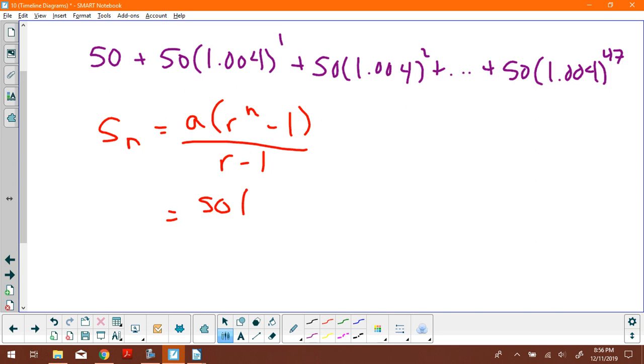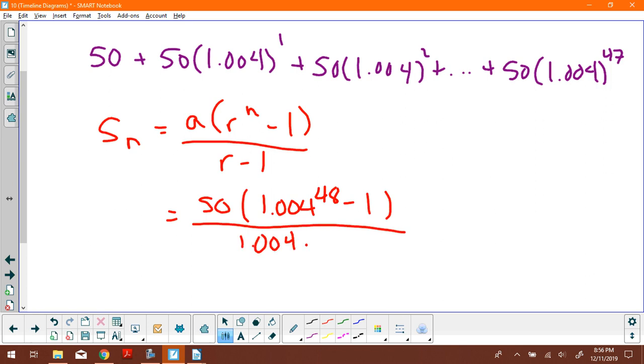What's my value of r? That's the 1.004. n is the total number of terms, and that's 48. There are 48 installments here. Minus 1 over my r, again, is that bracket, 1.004 minus 1.